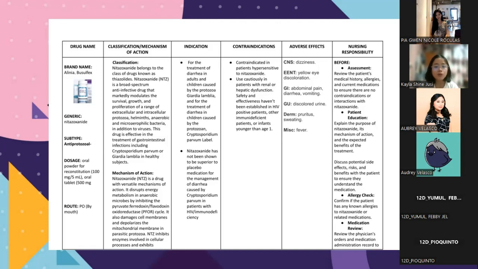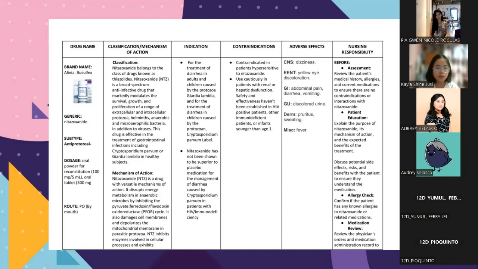Each 5 ml of reconstituted solution contains 100 milligrams of nitazoxanide. An oral tablet: nitazoxanide is also available as an oral tablet with a strength of 500 milligrams. And the route of administration is by mouth, so it's taken orally, which means it is ingested by mouth.